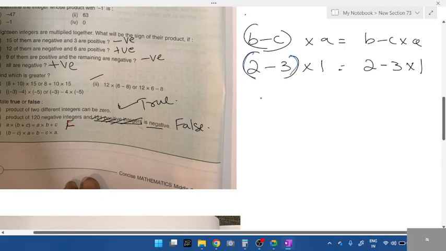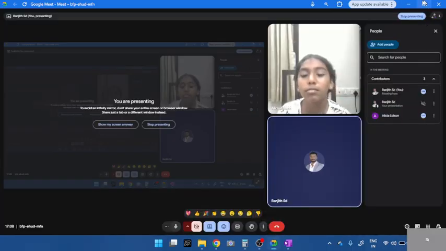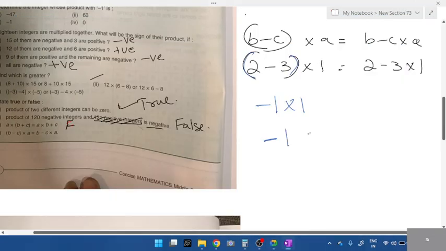You're not telling me the sign. 3 is greater, right? So what is minus 1 into 1? Multiply the signs first. Minus into plus is minus. 1 into 1 is 1. So what's the answer? Minus 1.